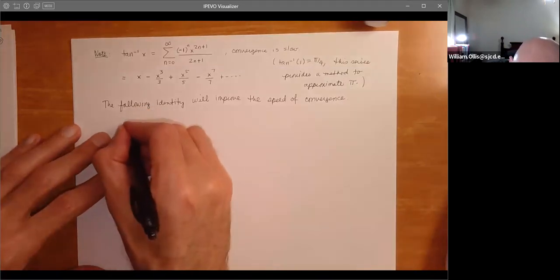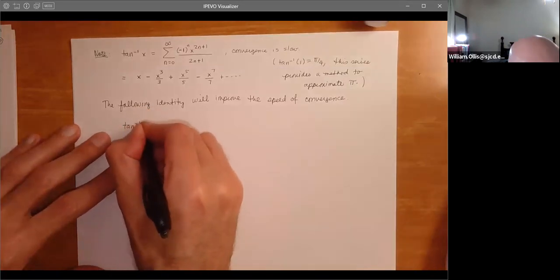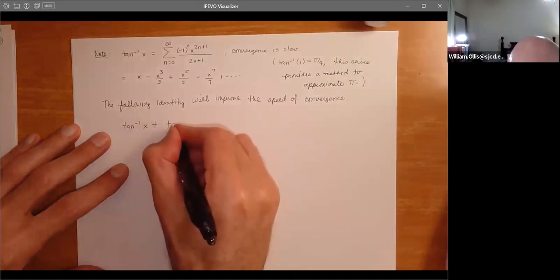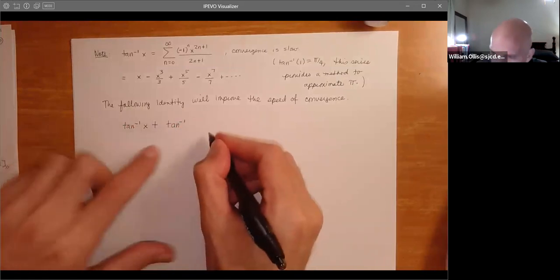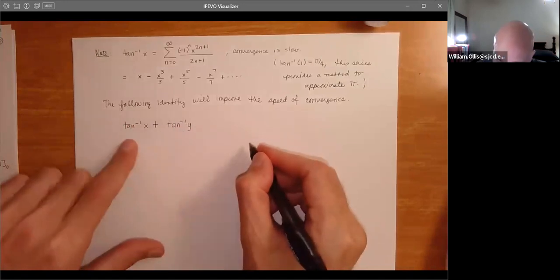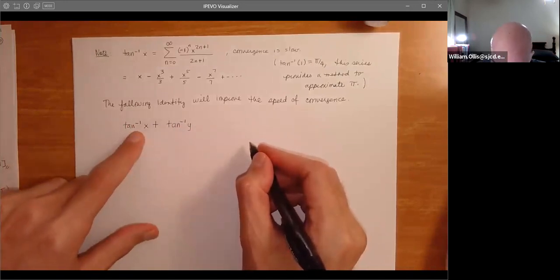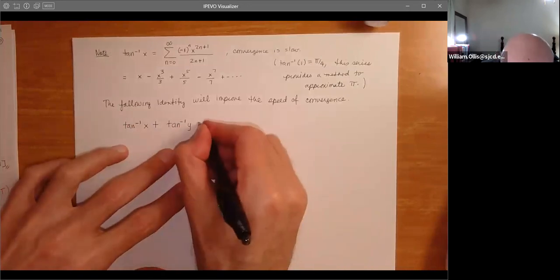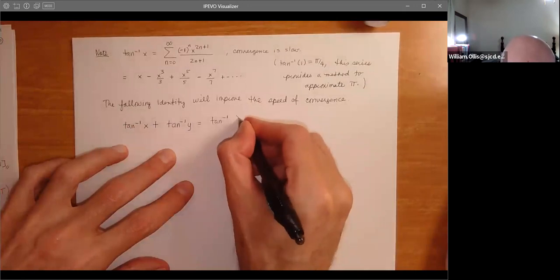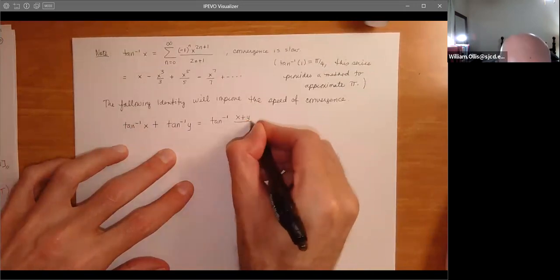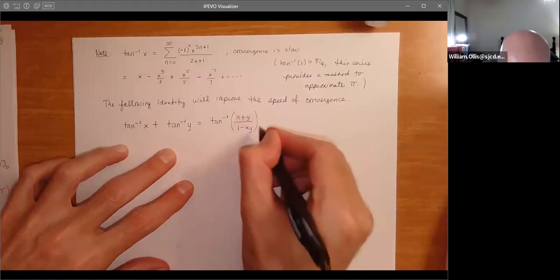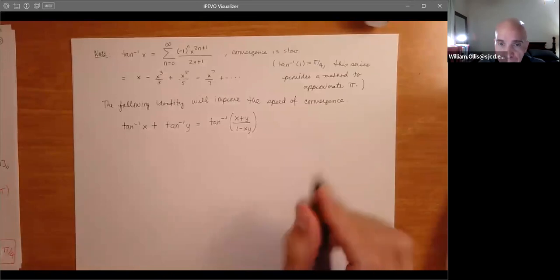That is the inverse tangent of X plus, this kind of looks almost like the cofunction identity, but you're not putting inverse cotangent here, so not quite. So inverse tangent of X plus inverse tangent of Y is actually the inverse tangent of the quantity X plus Y divided by 1 minus XY. Of course, that's unambiguous, but you can throw that in if you like.